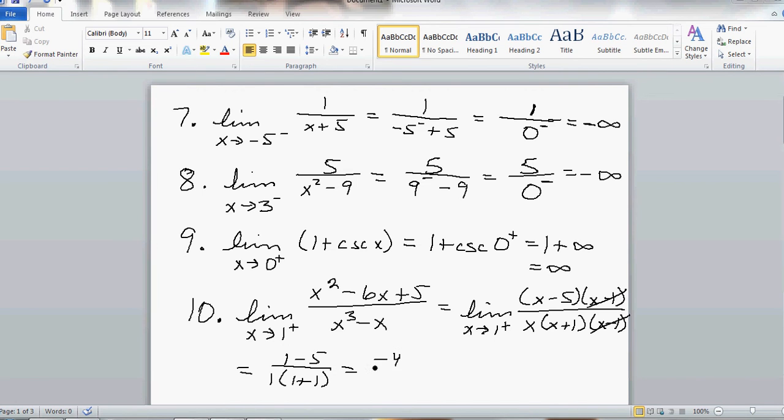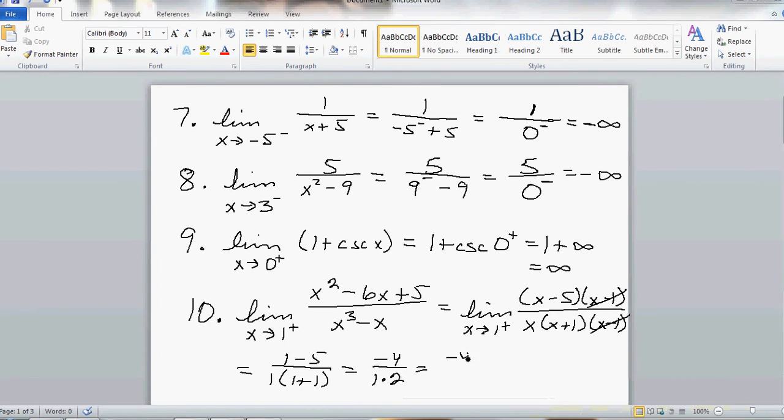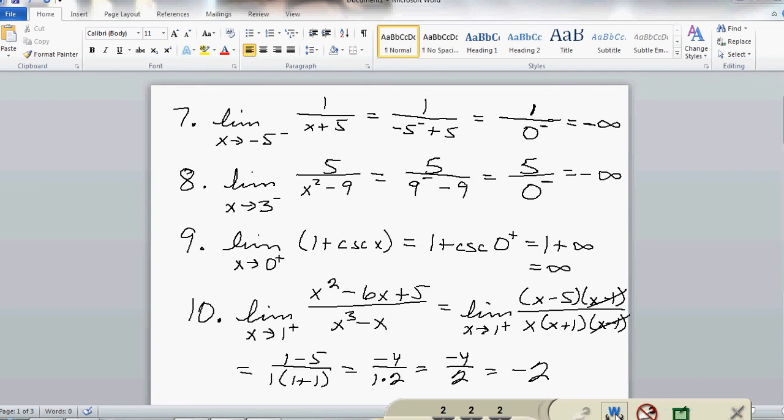That becomes negative 4 over 1 times 2, which is negative 4 over 2, or negative 2. And this one is where the graph really comes into play. If you would graph this, you would see very plainly that as x approaches 1, y is getting closer and closer to the value of negative 2.